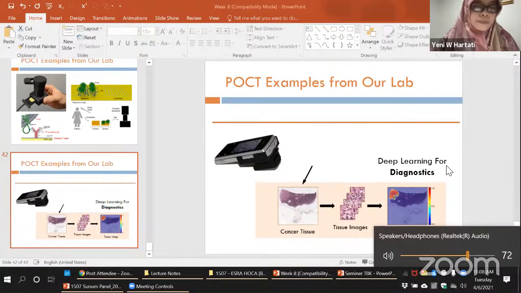I think, how to transform lab-on-chip research to real point of care testing needs a multidisciplinary area, right?